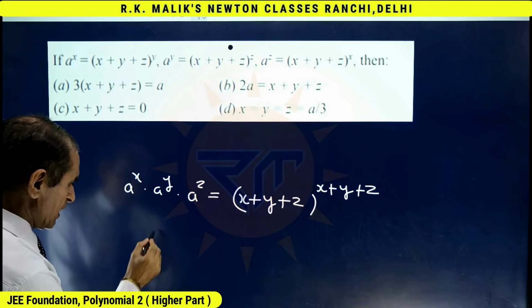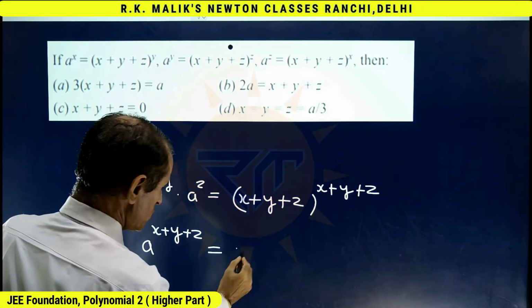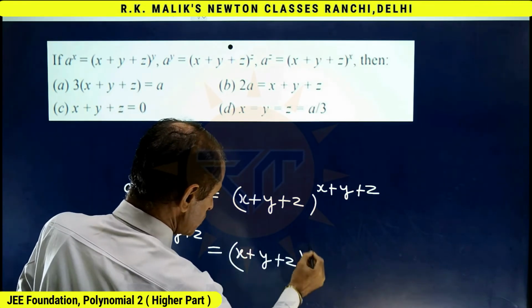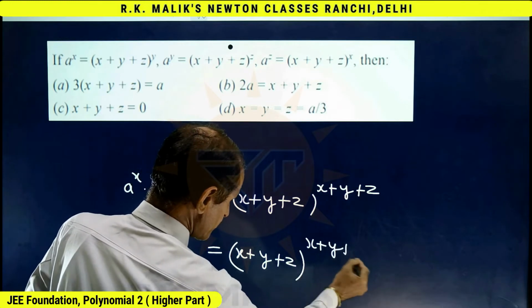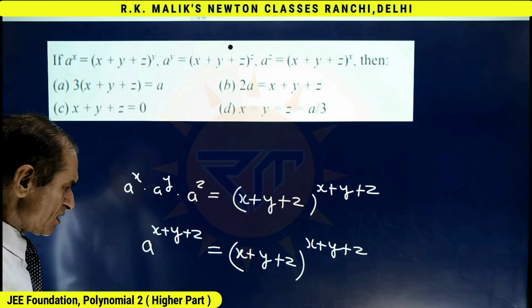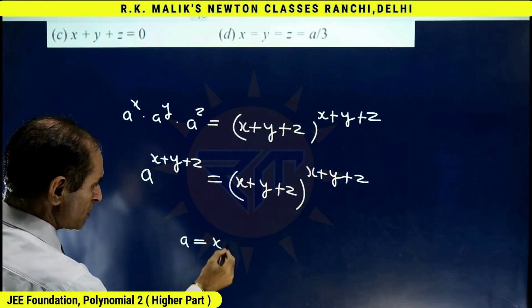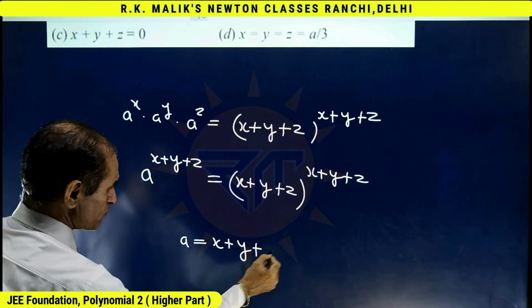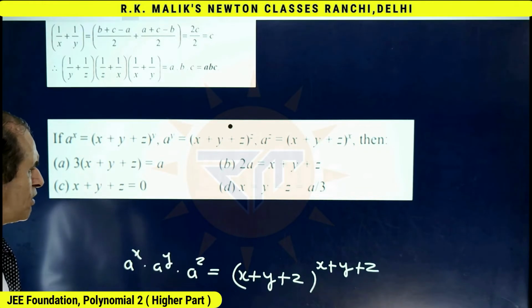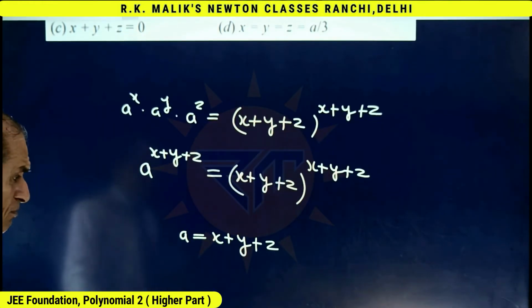That is, I have got a to the power (x plus y plus z) is equal to (x plus y plus z) whole to the power z. And from here I can easily say that the value of a will be x plus y plus z. Hence obviously A and B are not correct because the value of a is x plus y plus z.